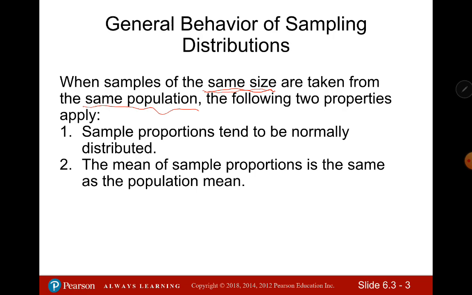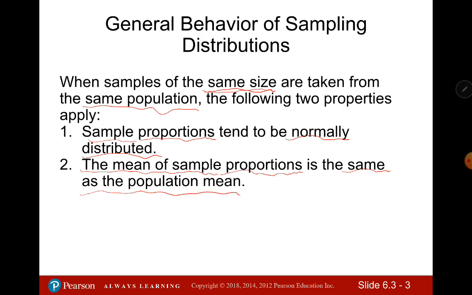We will follow, the sample proportions, normally distributed. Or the sample proportions tend to be normally distributed. And the mean of sample proportions is the same as the population mean.